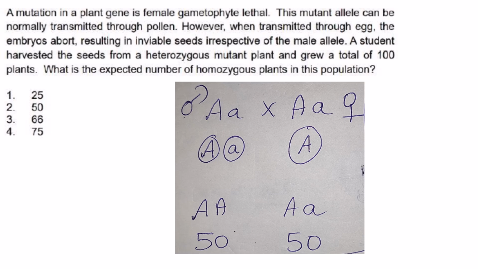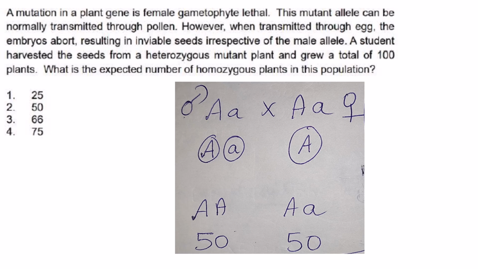So this mutant allele can be normally transmitted through pollen. Now this mutant allele is transmitted only through pollen but not through the egg. What will happen if it is transmitted through the egg? The embryos abort, resulting in inviable seeds irrespective of the male allele.